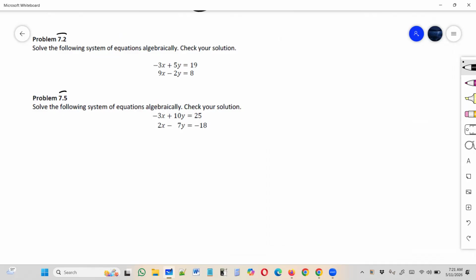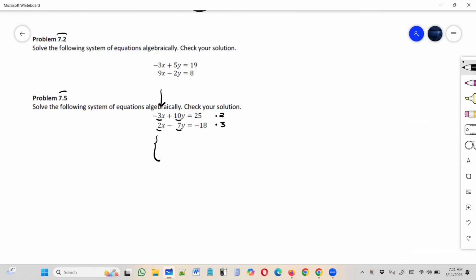Now, because the coefficients of x are smaller, I'm going to focus on canceling x. But in this case, the negative 3 and 2 are what we call relatively prime. So I would have to multiply the first equation by 2 and the second equation by 3 in order to cancel them through the addition method.